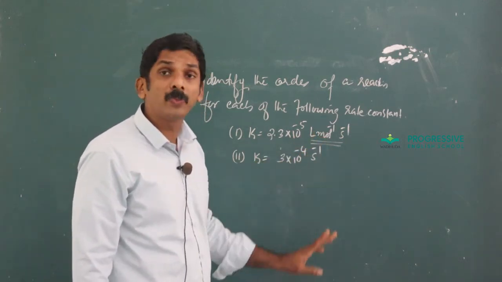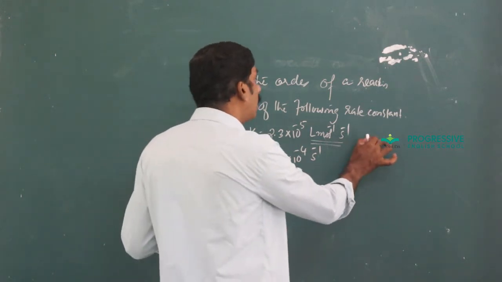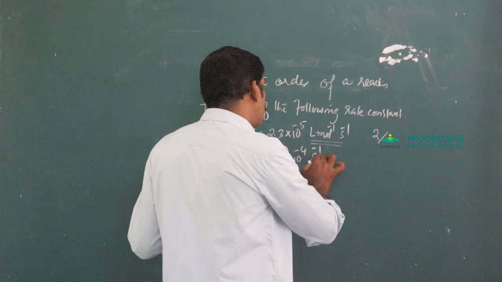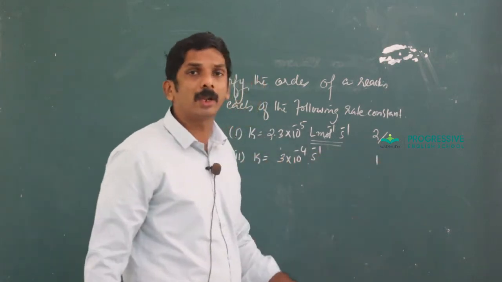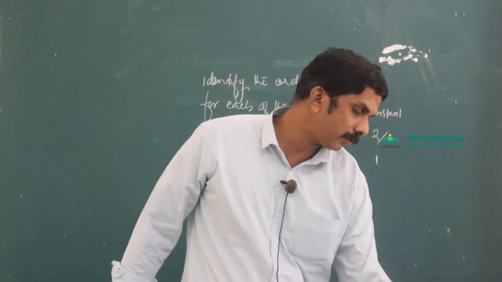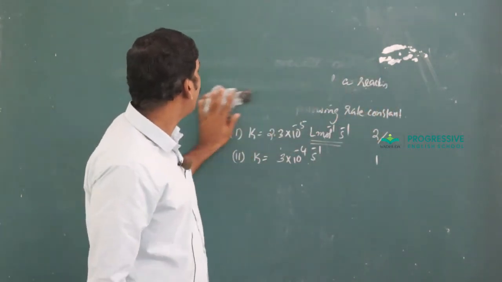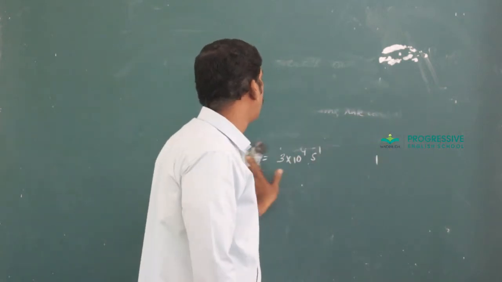Liter mole inverse second inverse is for a second order reaction, so order is 2. For a first order reaction it is second inverse. Clear?